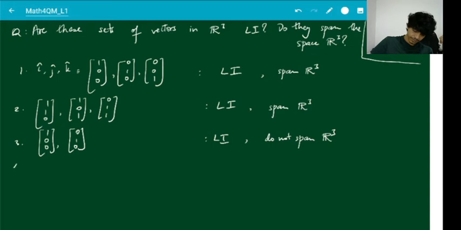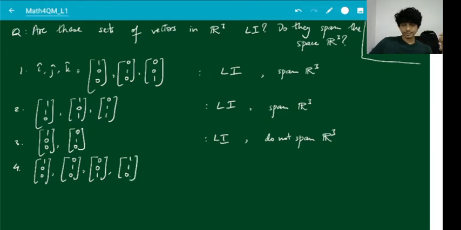What if I take the vectors 1, 0, 0; 0, 1, 0; 0, 0, 1; and 1, 1, 0? Are these linearly independent? No, because it's possible to write this last one in terms of the first two. It's just the sum of these two.